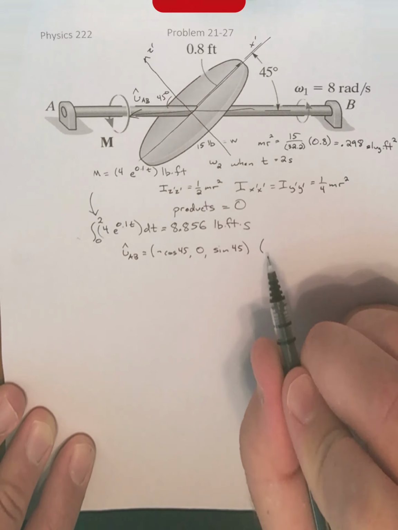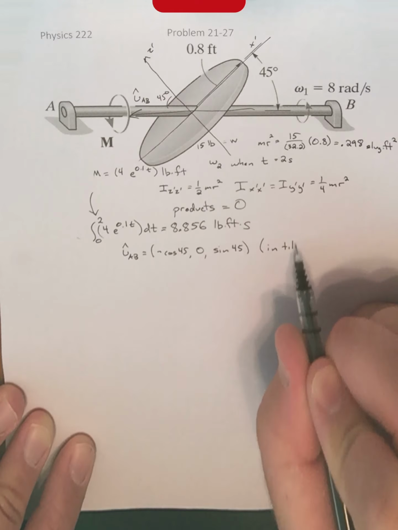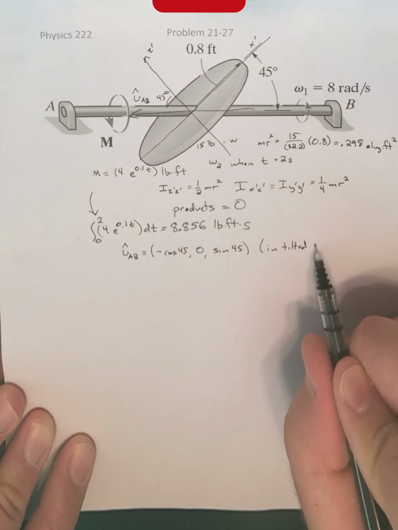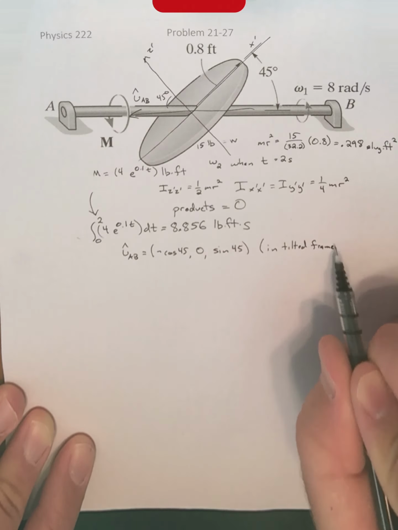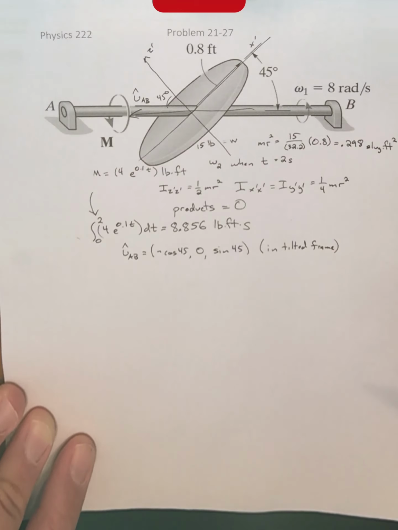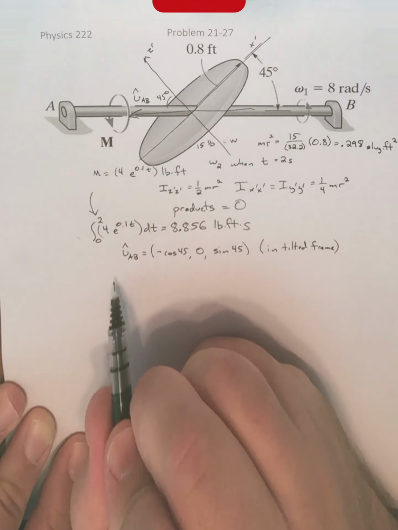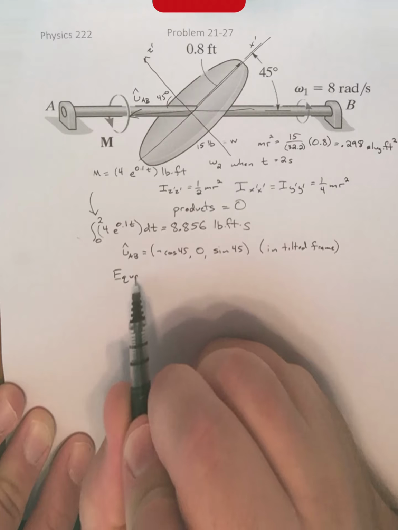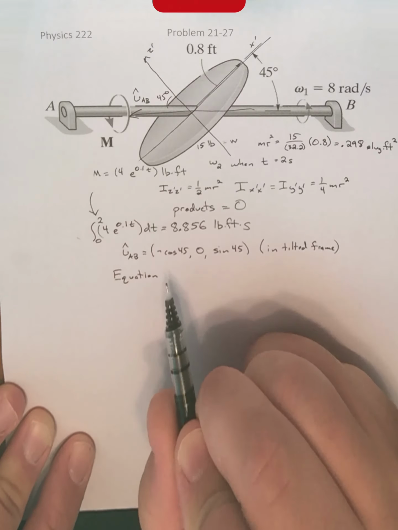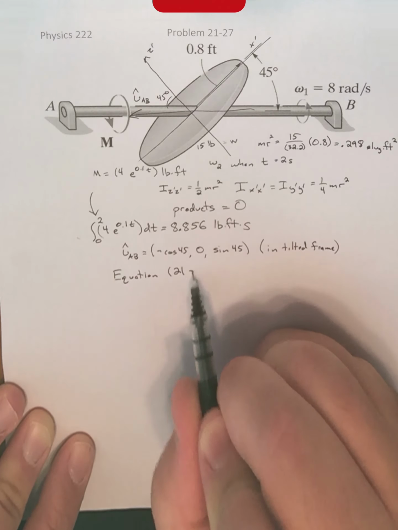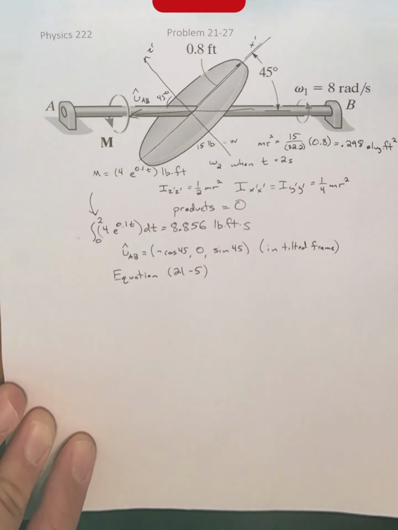Again, this is a vector that is represented in this tilted frame. In the end, we only care about the value of the moment of inertia along this particular axis. Now, there was an equation back in section 21.1, equation 21-5, that showed us how to find the moment of inertia about an arbitrary axis, and it was this big, long, nasty equation.